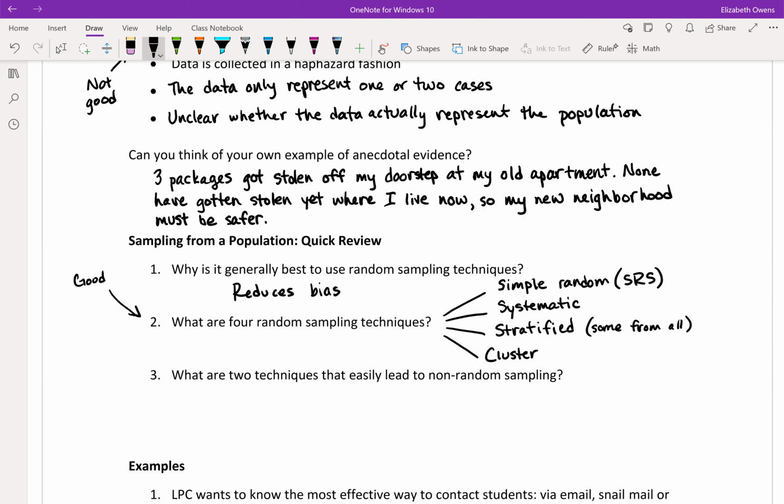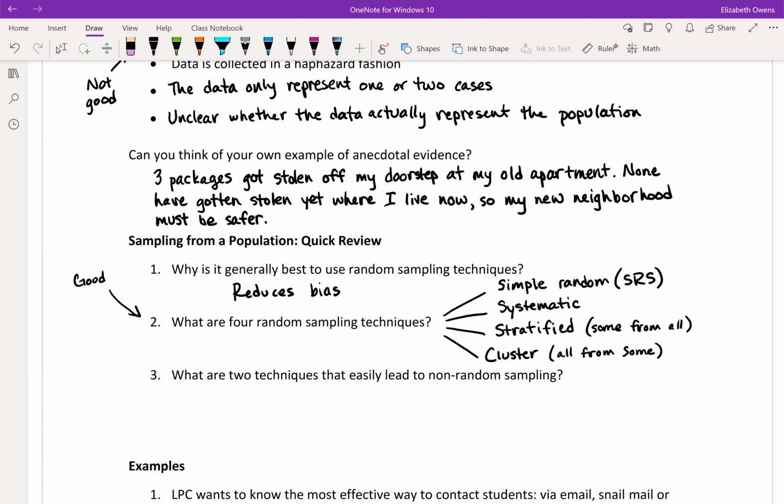So a few individuals from each stratum. And then cluster sampling was where you took all the individuals from some of the groups. Okay, you pick a few clusters and you take all of the individuals in that cluster. Okay, so those were our 4 good random sampling techniques.